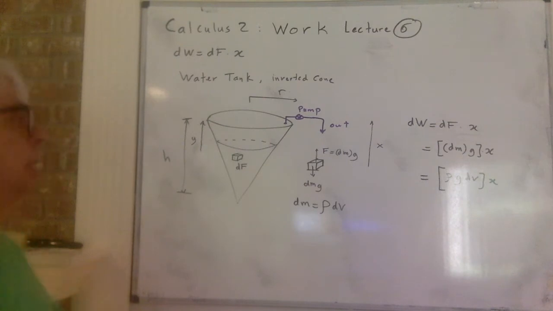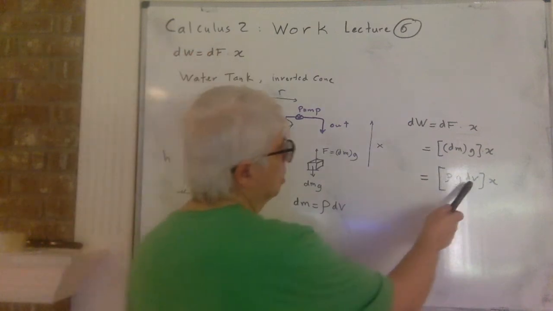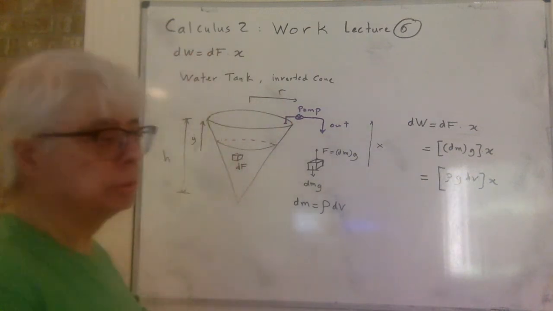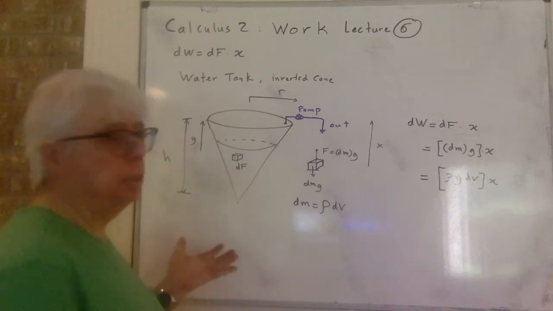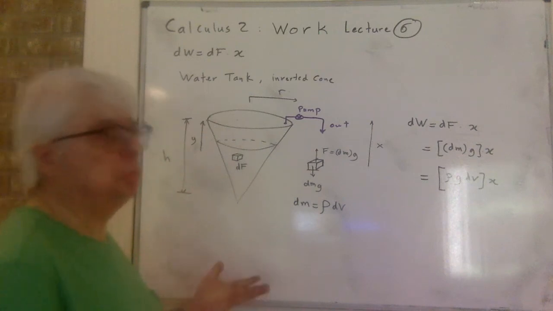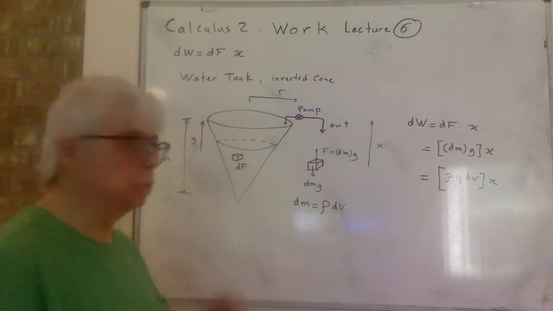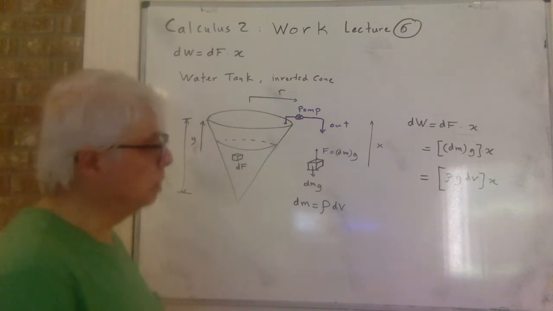So what a physicist should do here is find this dv, the differential of volume. Now, if I look at it as a 3D problem, that's something else. You will have something like this in Calc 3, in fact.